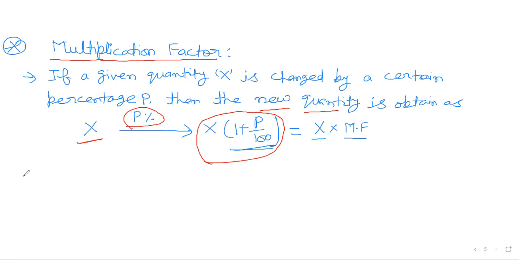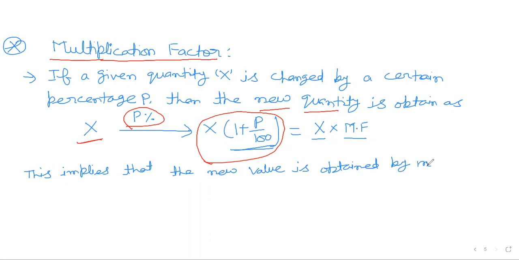This implies that the new value is obtained by multiplying the previous quantity by this factor.